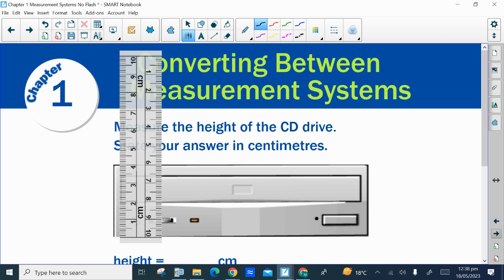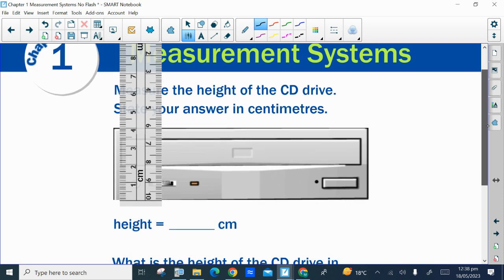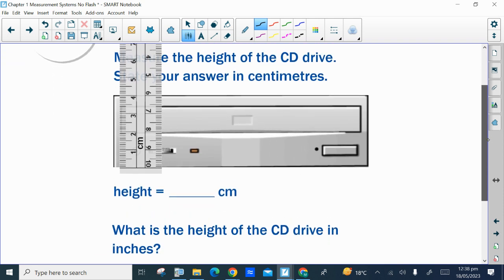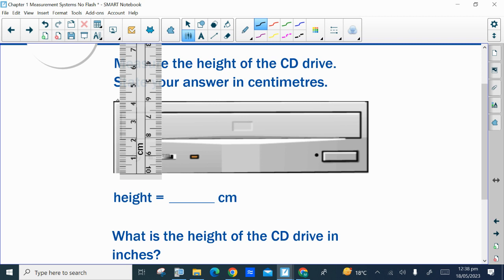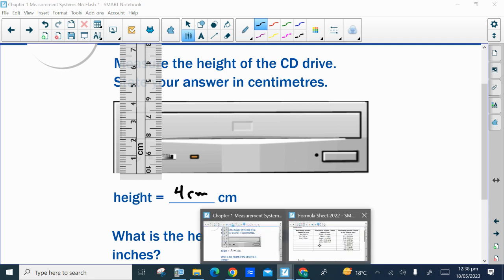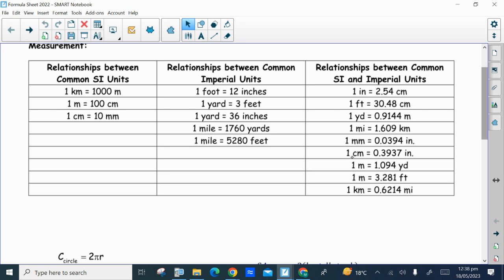Right, so this next one, we want to measure the height in centimeters and then convert that to inches. So if we look at this, it is exactly 4 centimeters high. And we want to convert that into inches. So back to the formula sheet we go. And notice it says that 1 centimeter is 0.3937 inches.